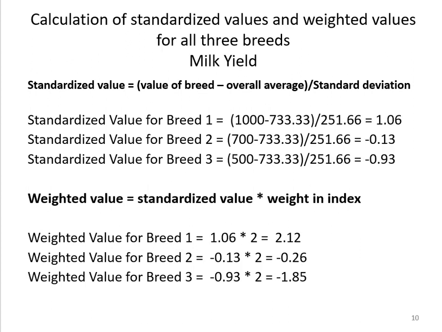And similar calculations I have done for milk yield. I have calculated the standardized value for each breed: 1.06, minus 0.13, and minus 0.93. Then I have multiplied these standardized values by their weight in the index, and calculated weighted values for all 3 breeds.